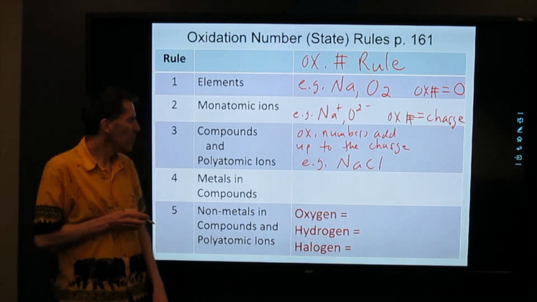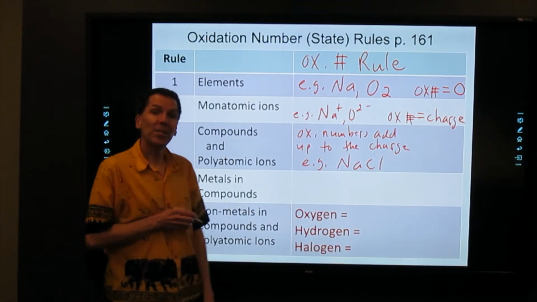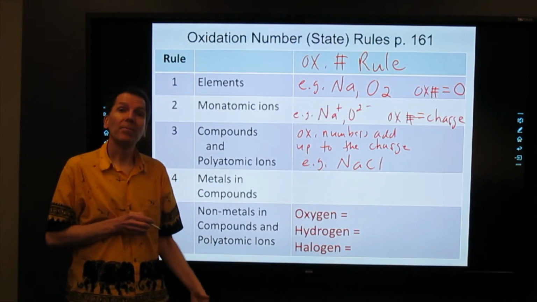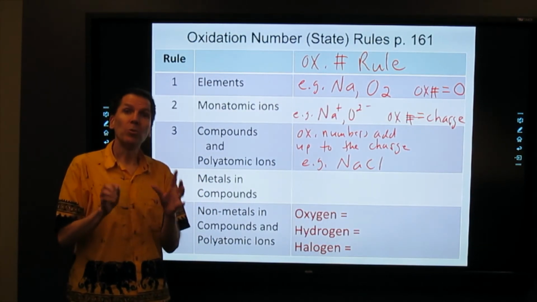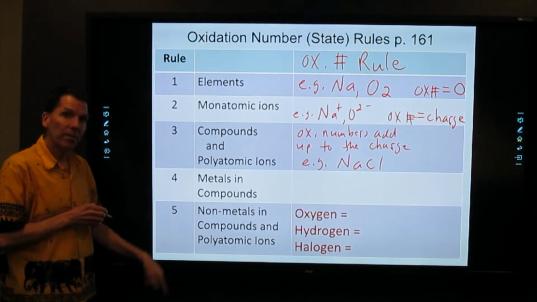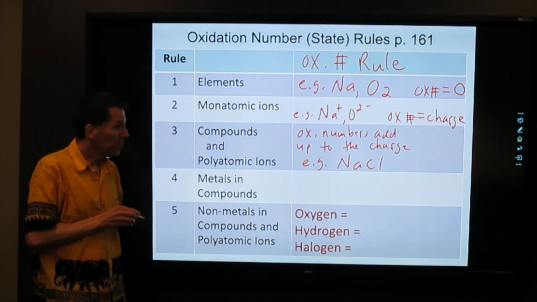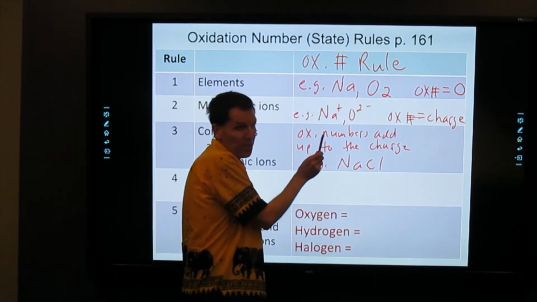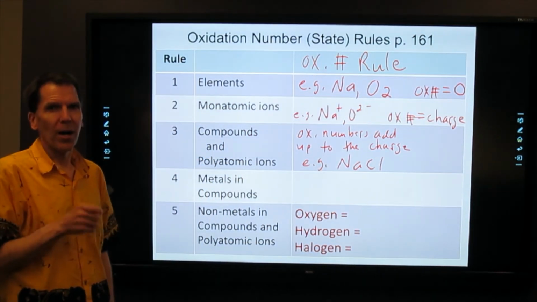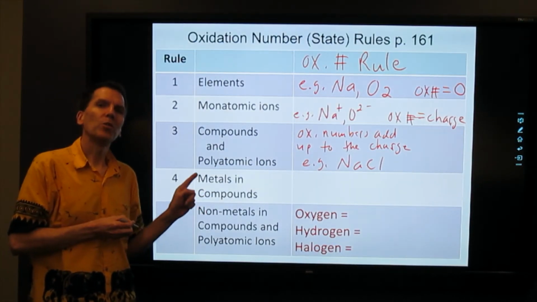Here's a simple example, which also we'll talk about Rule 4 at the same time. If you look at NaCl, the total oxidation numbers there have to add up to 0 because it's a neutral ionic compound. When we have a metal in a compound, we just use what we know about the periodic table to get us that charge. Hopefully you know at this point in your chemistry career that sodium is in column 1 of the periodic table. So the charge on sodium is a +1.